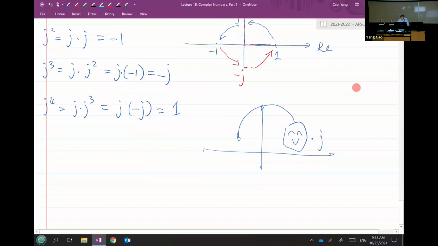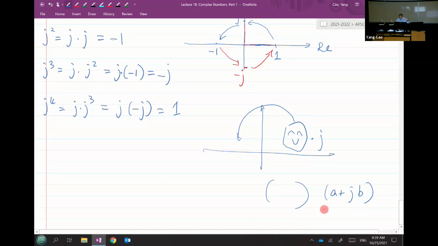As a matter of fact, you can also verify, if I don't multiply with j, but multiply with another complex number, for example, a plus jb, not only does it do a rotation, it also does some kind of scaling.